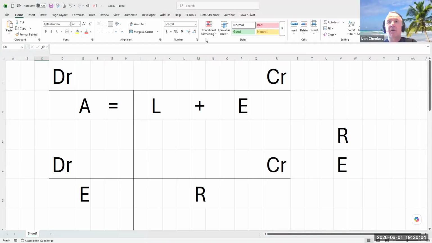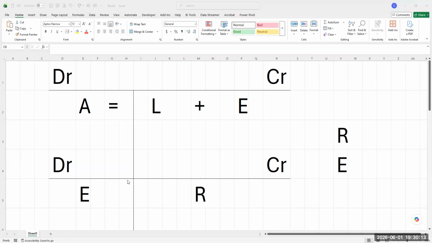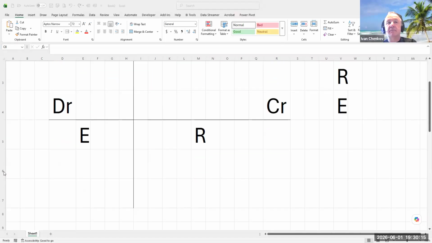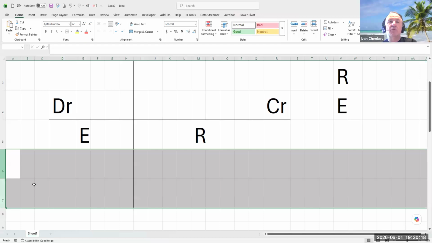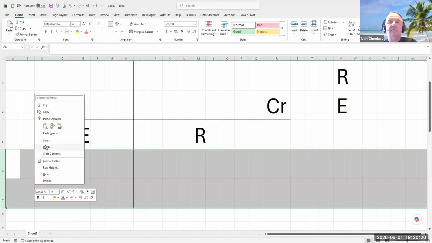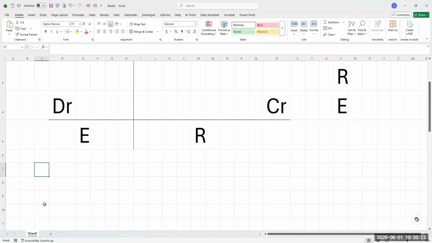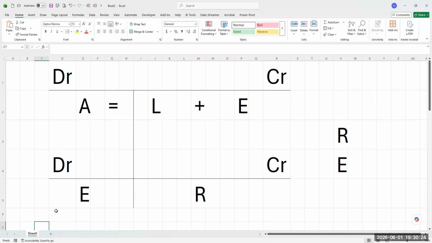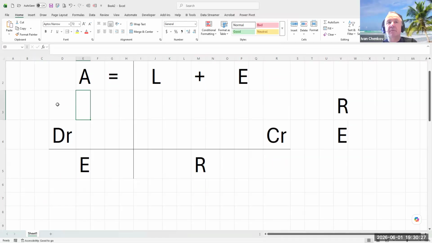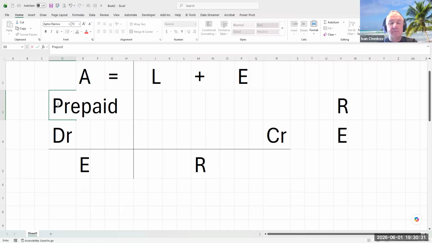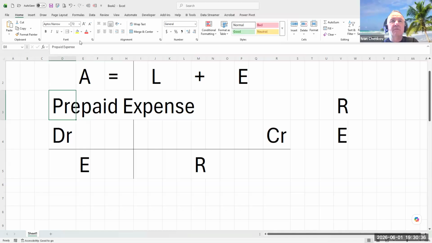Before the period starts or after the period starts? Before. So did I receive the service? Not yet. So what is it for me then? An asset. It's a prepaid expense, correct? Yes. In the very beginning, that's a prepaid expense. That's too big now. Let's make it small.